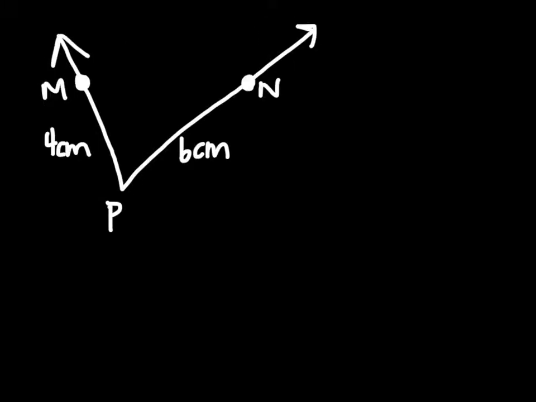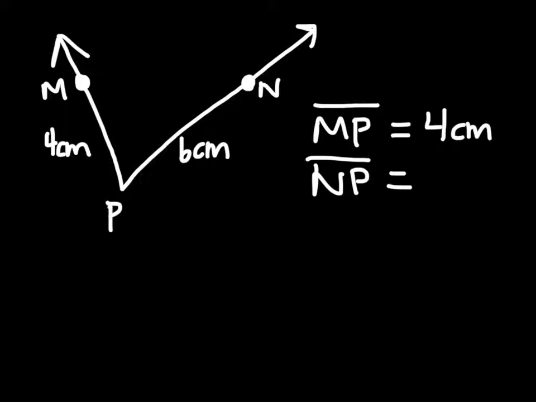Now let's review that vocabulary by looking at this diagram. There is a segment, MP, that is equal to 4 centimeters. There is another line segment, NP, that is equal to 6 centimeters. Notice that we usually put the letters in alphabetical order for our line segments. There are 2 rays, ray PM.